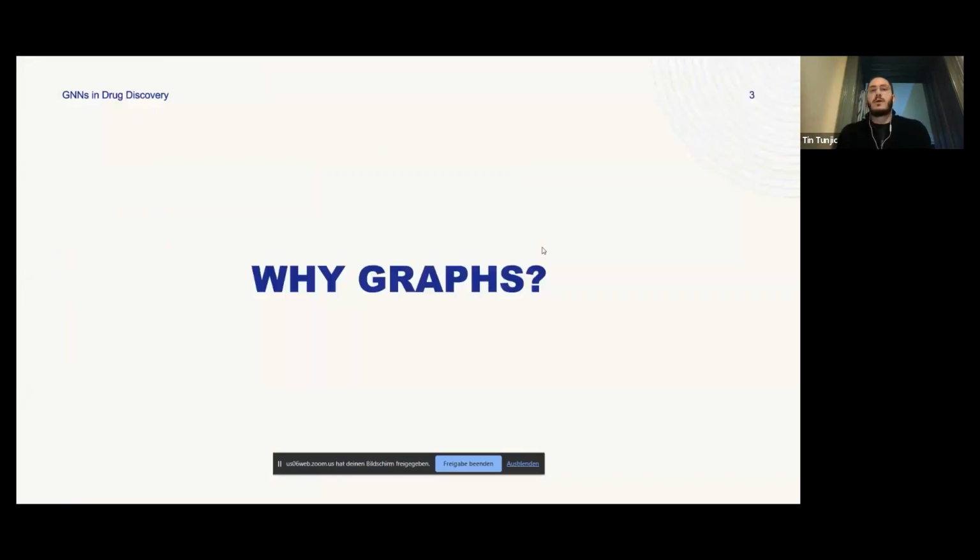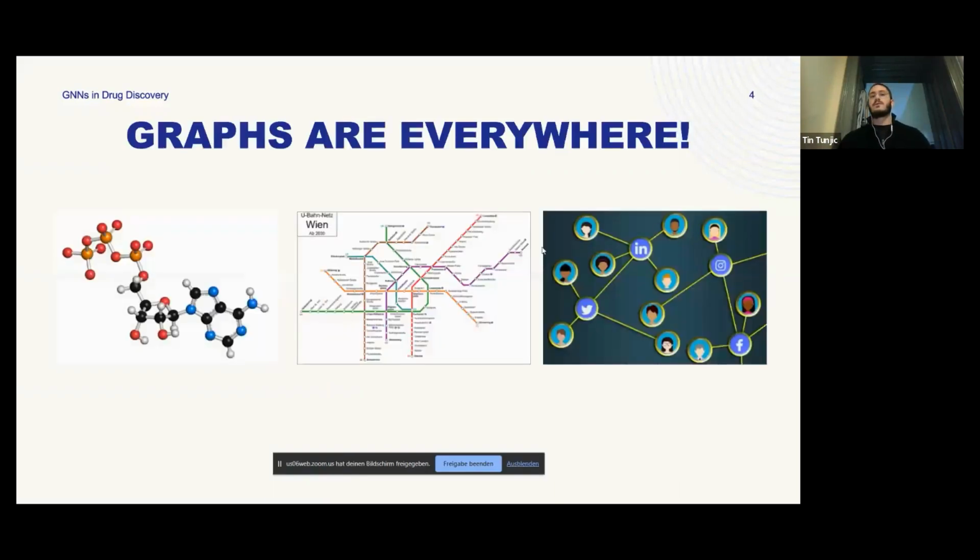So why do we even want to use graphs? If you look at these three specific examples, you'll see that those data actually look like graphs. Those are graphs. So why not use how they look and propagate the information the way they really are in reality. On the left we have a molecule, which is of course a graph where each atom is a node and each bond is an edge.